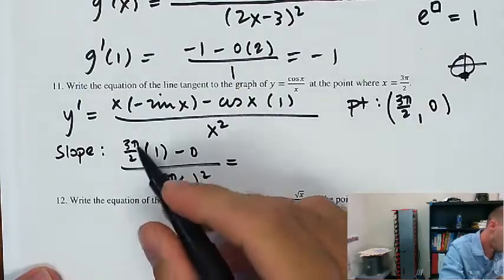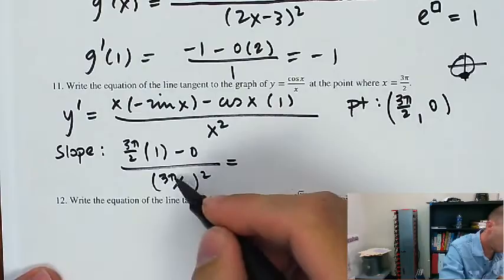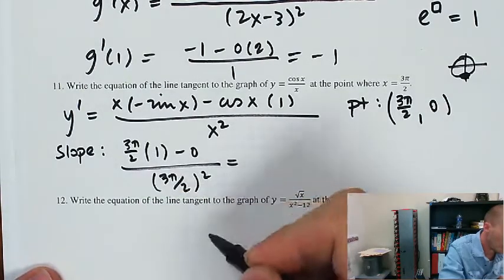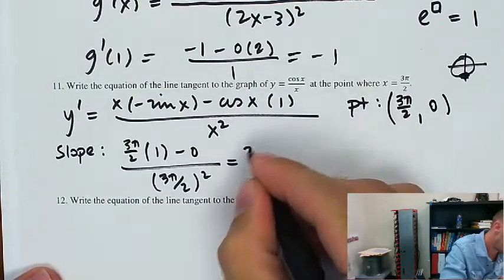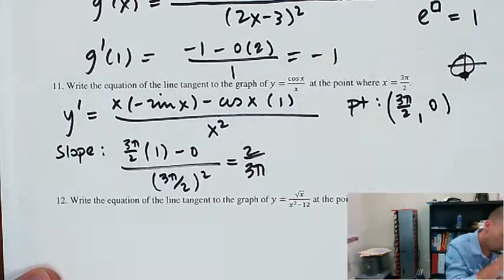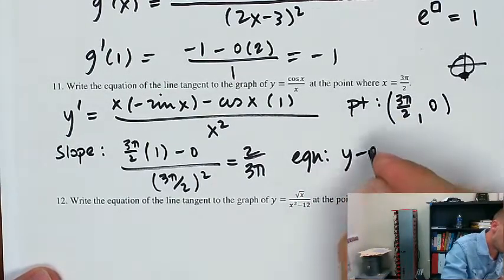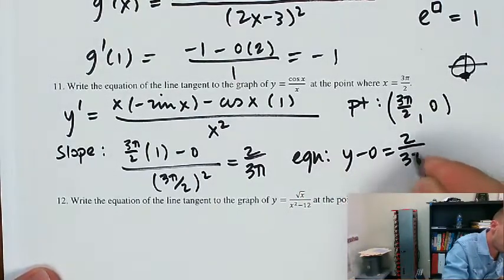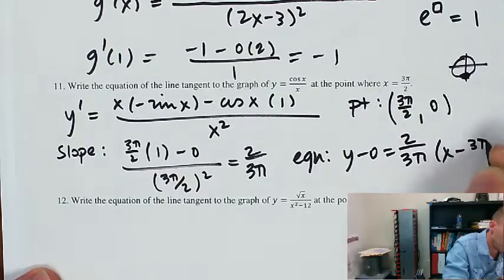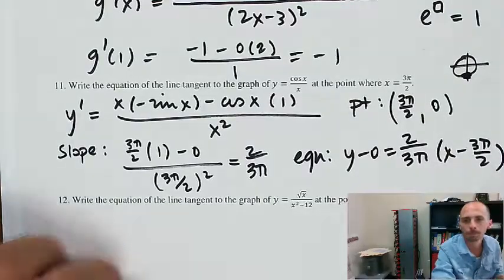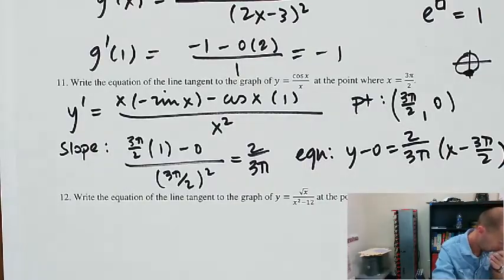So I'm going to say that this is going to be 1 over 3 pi over 2, to the first power in the denominator. And then that'll effectively flip the fraction, so it'll be 2 over 3 pi. And now I'll be ready to write my equation. It'll be y minus 0 equals 2 over 3 pi times x minus 3 pi over 2. All right, and that's cool.